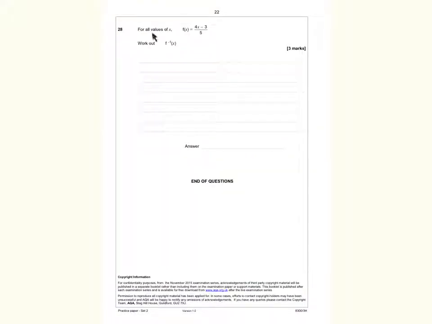Okay, question 28, we have for all values of x, this function, f(x) equals 4x take away 3 over 5. Work out the inverse function of f here. I can see that this is actually quite an easy one, because from x I need to first times by 4, then take away 3, and then divide by 5.